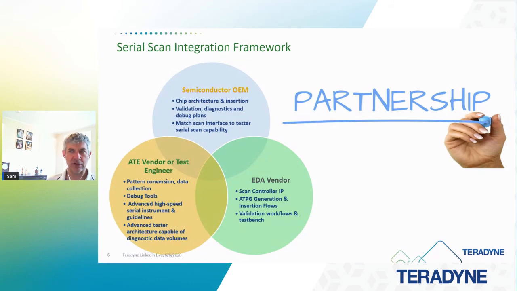And then making sure that whatever IP you choose, scan interface, scan implementation you choose, matches the resources of the tester capability that you plan to test your device on.